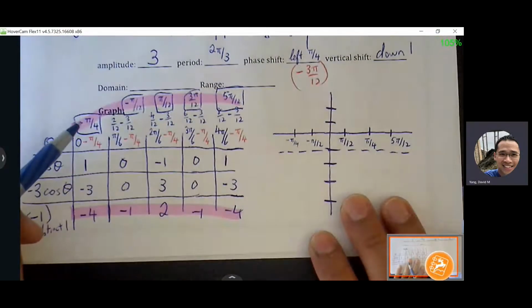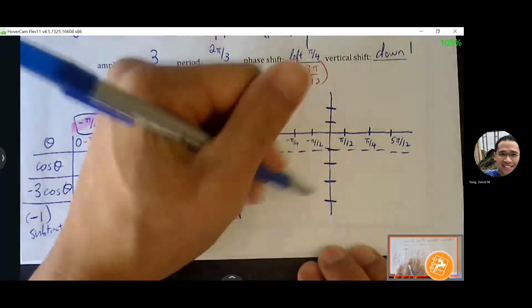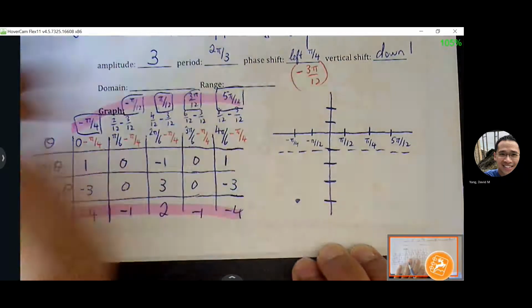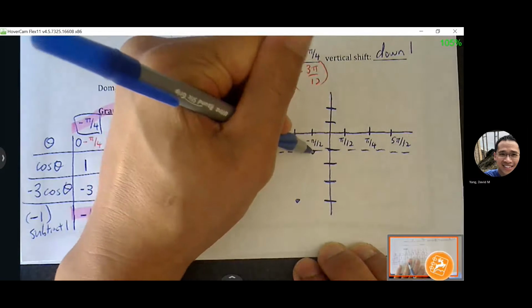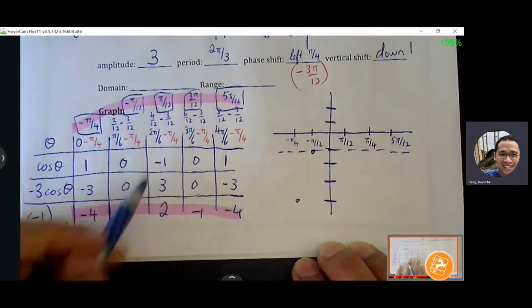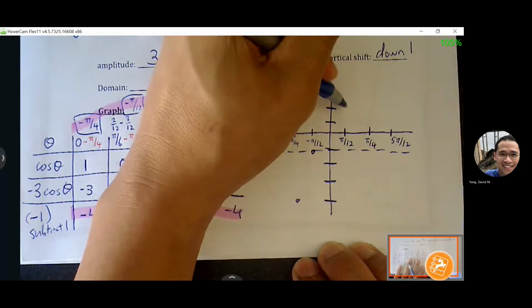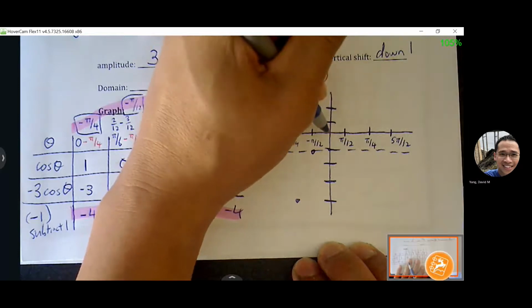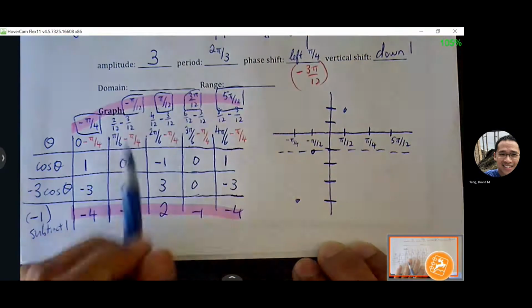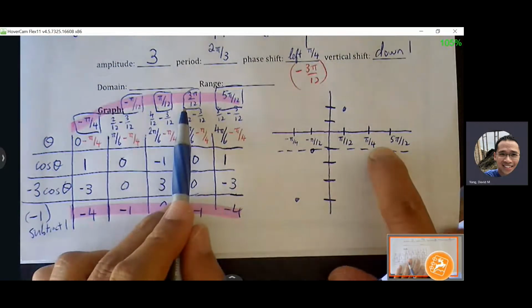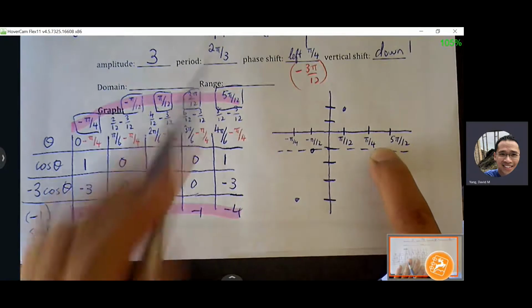Okay, first order pair, negative pi over 4, negative 4. Negative pi over 12, negative 1. Pi over 12, positive 2. Pi, 3 pi over 12 or pi over 4 is at negative 1.